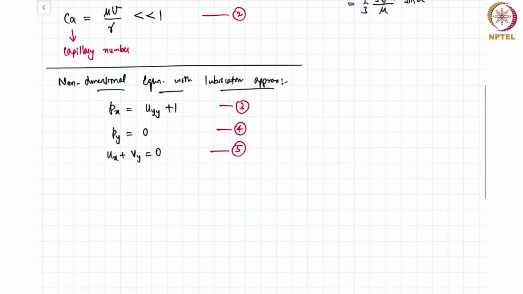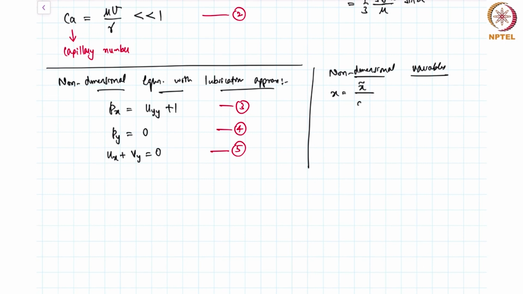How do we do this? We do this by basically defining the following non-dimensional variables. X is the non-dimensional variable for x, and that simply becomes x tilde divided by d by capillary number power 1 by 3.